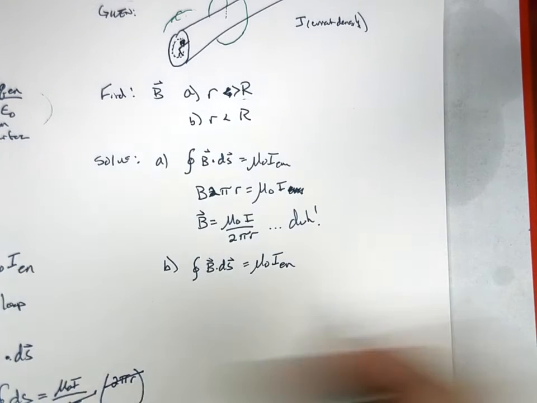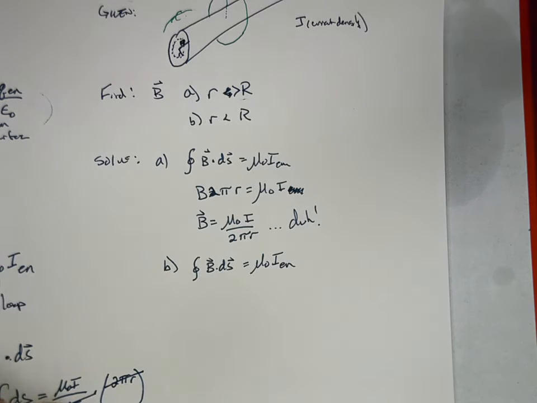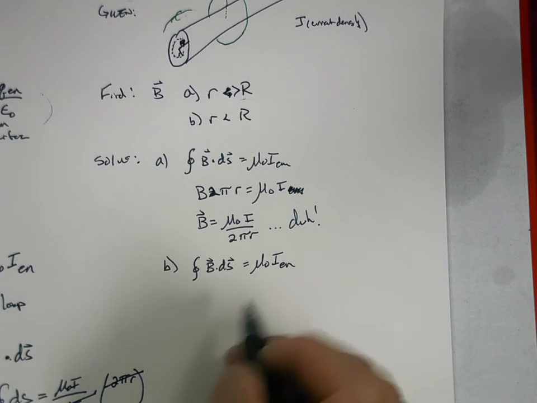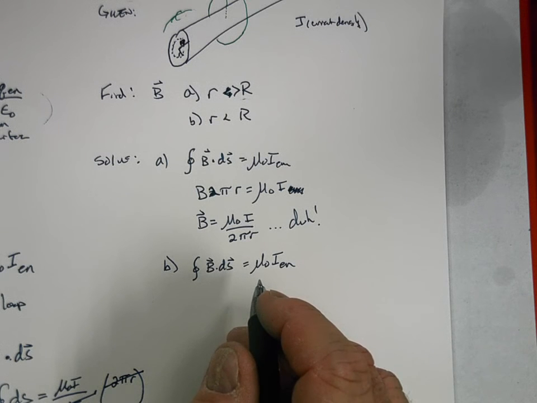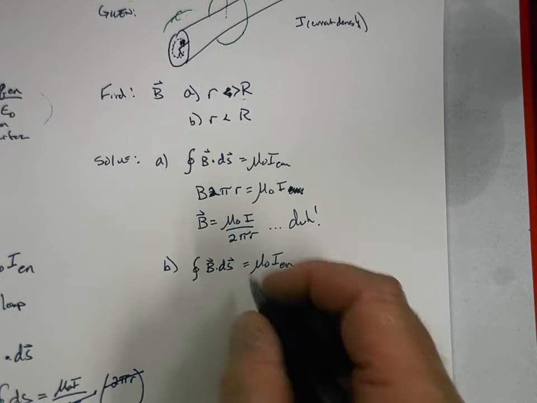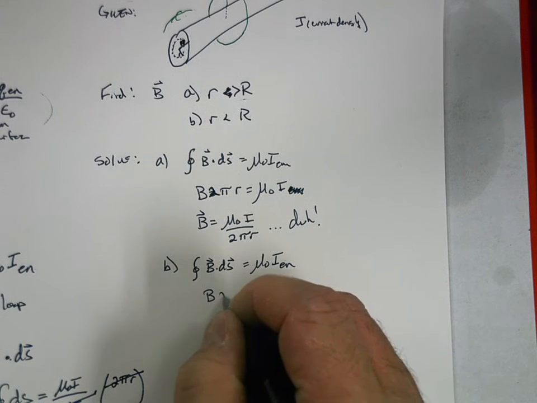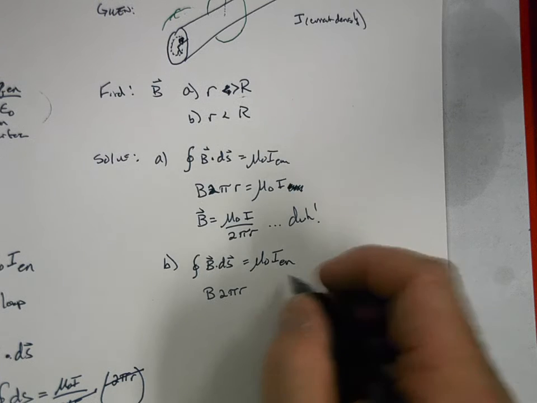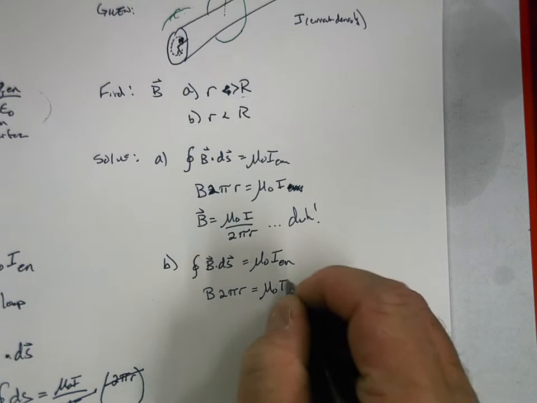So how much do we actually have inside of that? Density. Well, this becomes B times 2 pi r equals mu naught I enclosed.